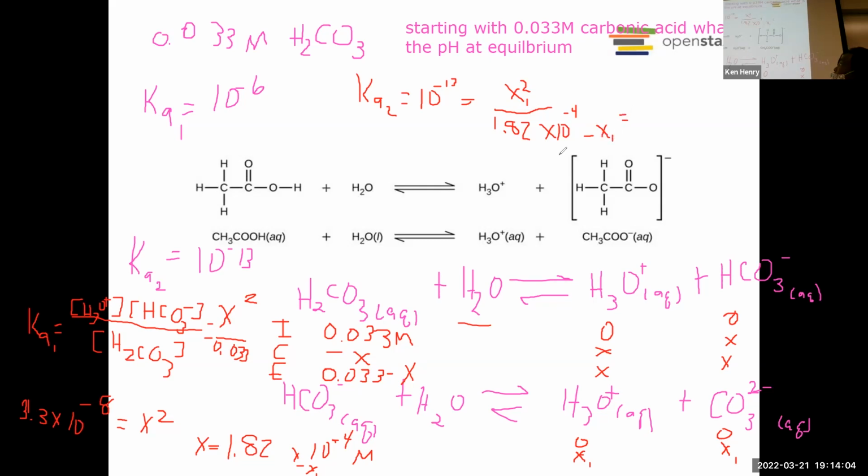So if I assume the 5% rule, I'm neglecting this, so I just get X squared equals 1.82 times 10 to the minus 4 times 10 to the minus 13, so 1.82 times 10 to the minus 17 equals X squared. So X1 equals what?